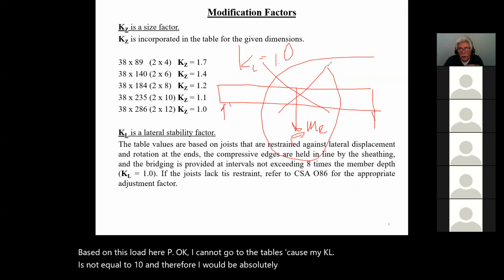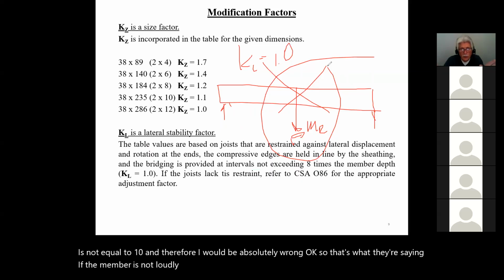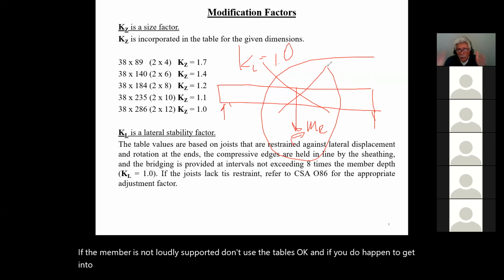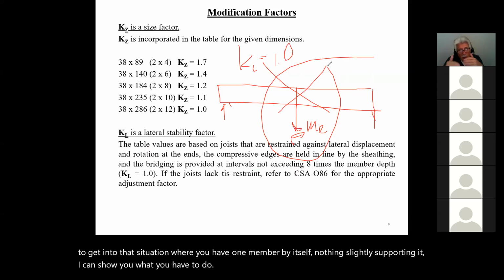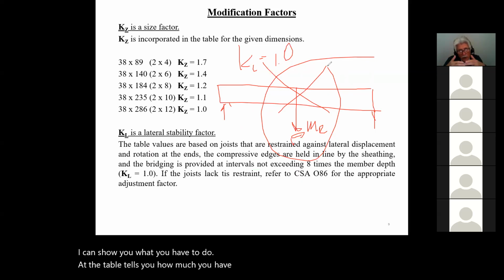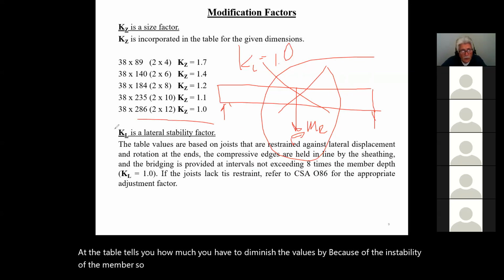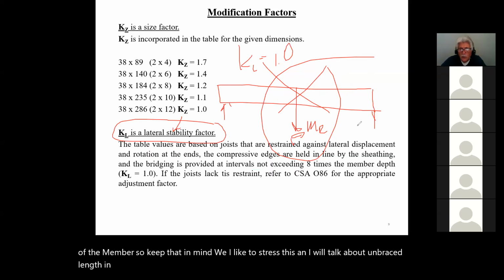So that's what they're saying: if the member is not laterally supported, don't use the tables. If you do get into that situation where you have one member by itself, nothing laterally supporting it, I can show you what you have to do. The table tells you how much you have to diminish the values by because of the instability of the member. So keep that in mind. I like to stress this, and I will talk about unbraced length in steel more. You'll be able to relate this more.